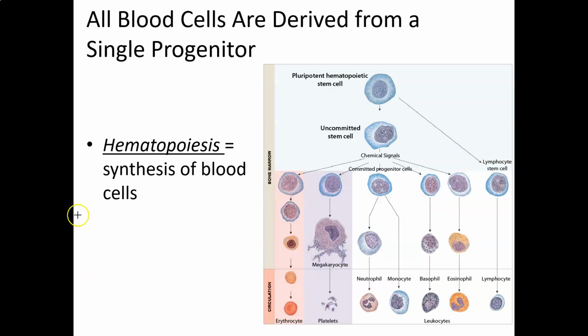So as I said previously, we're going to look at the process of what's called hematopoiesis, which just means making blood cells. All of our blood cells are derived from what we call a single progenitor, a single precursor cell. And that's a very important one. It's called a pluripotent hematopoietic stem cell.